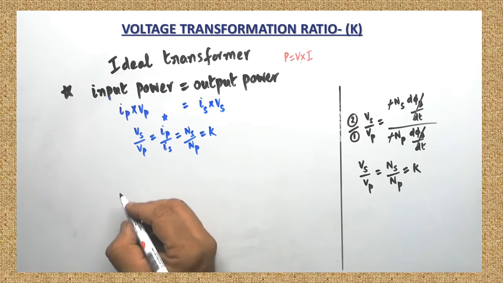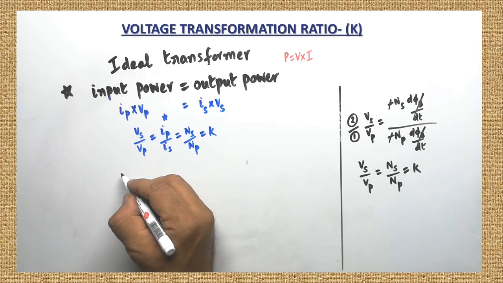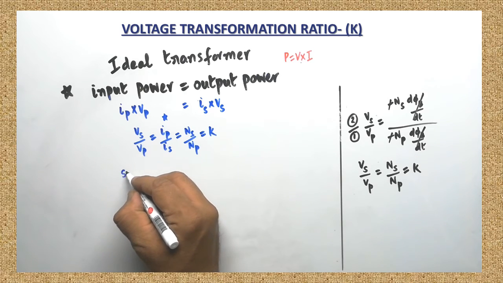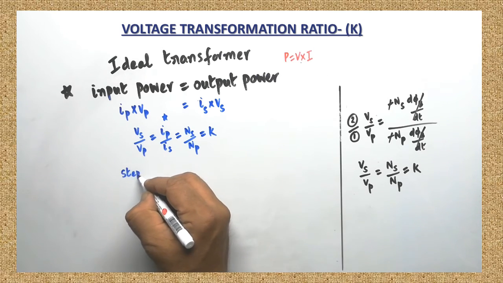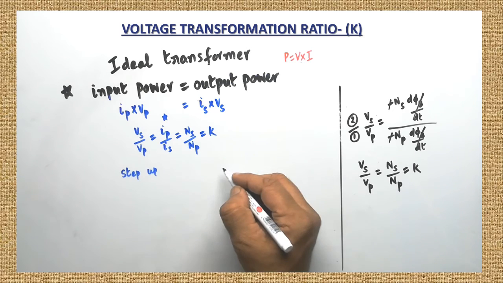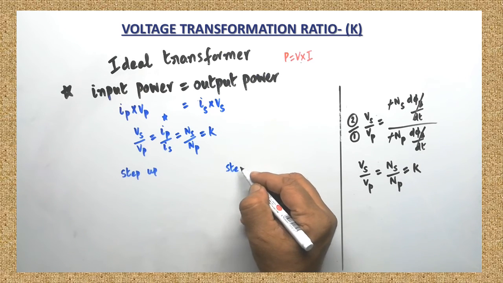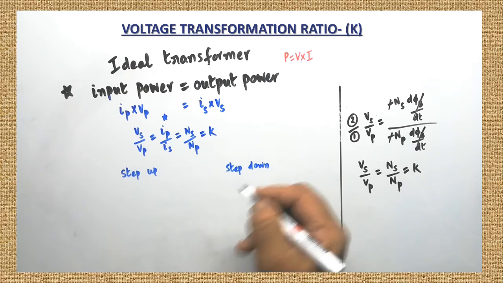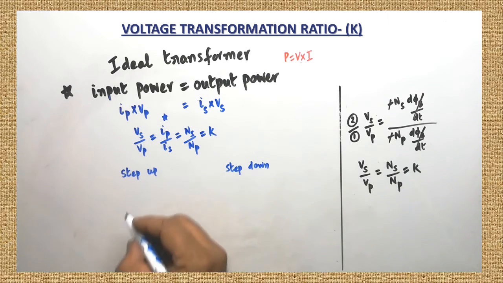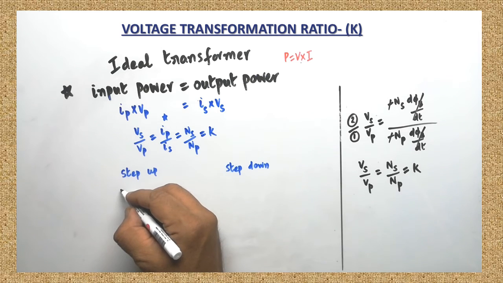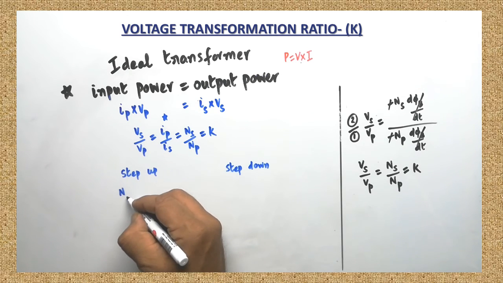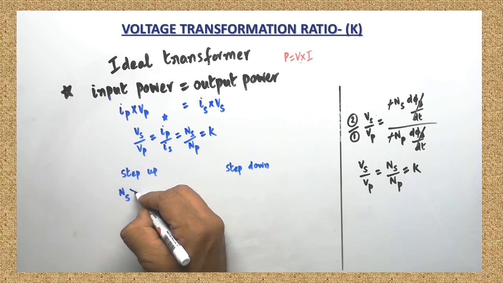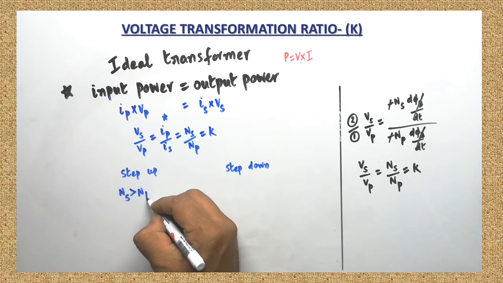Don't forget. Now we are going to differentiate step up transformer and step down transformer. This question may be asked in 2 marks or in 3 marks. Are you clear? In the case of step up transformer, the number of turns in the secondary will be greater than the number of turns in the primary.